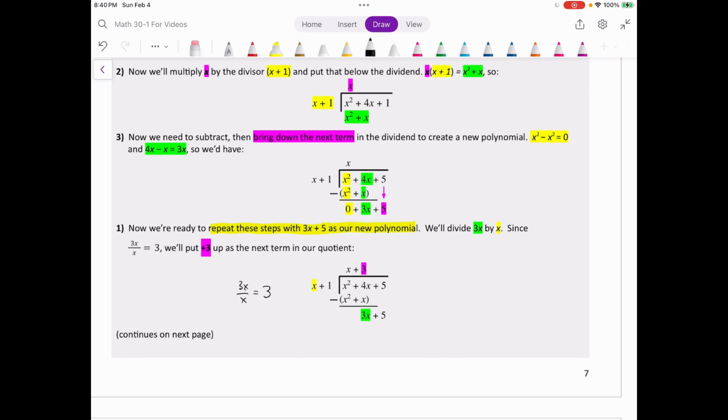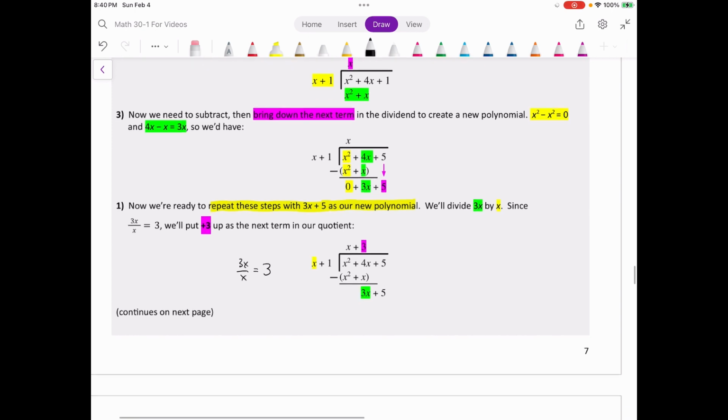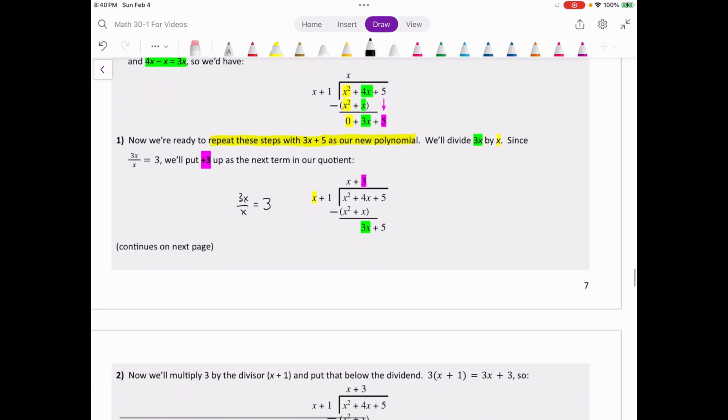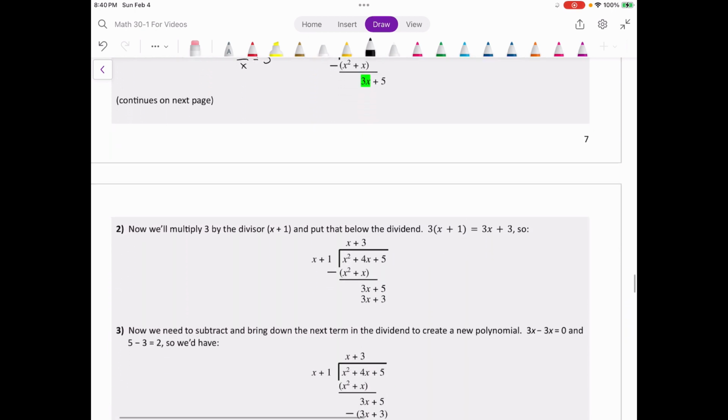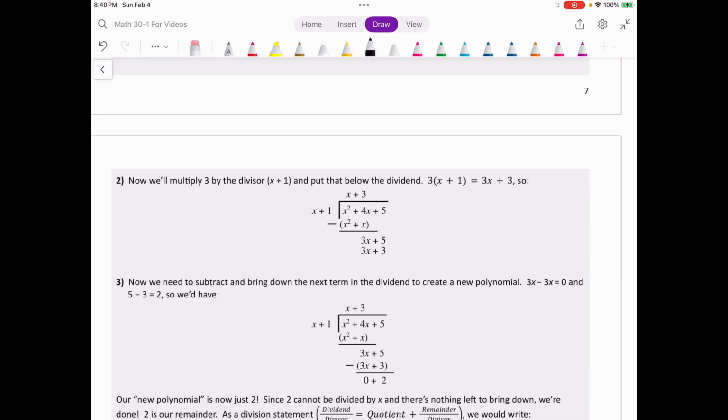So we divided, multiplied, subtracted, brought down, and then we divided again. Our next step would be multiply. So now we're going to multiply that 3 that we just got by our divisor. 3 times x plus 1 is 3x plus 3.